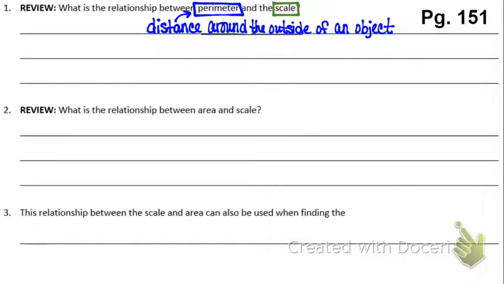That's the piece of information that we are given with the scale. Scale is what we multiply or divide by to keep things in the correct proportions. So scale, what we multiply or divide by to keep correct proportions.